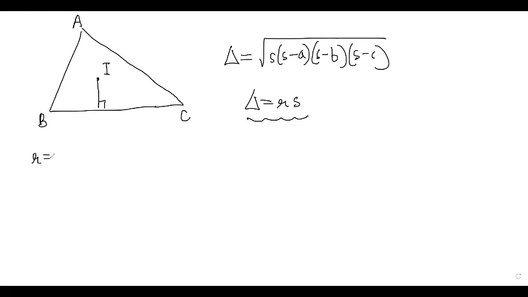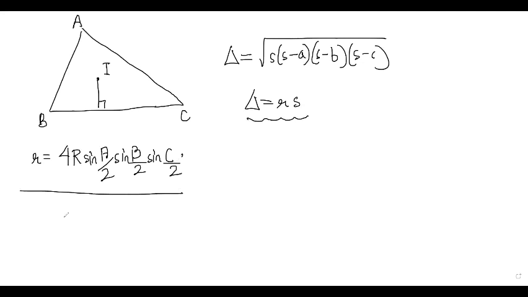You need to be able to prove that it is equal to 4R sine A by 2, sine B by 2, sine C by 2, right? And there is another version actually. This only comes from a sine B by 2, sine C by 2 by cos A by 2. So what I will show you is the other two versions and how you get them. So notice this triangle.